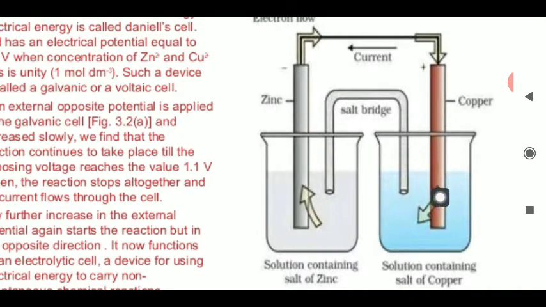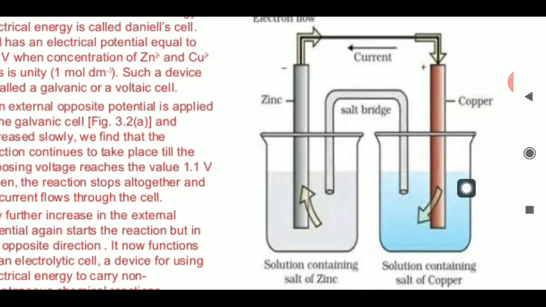And by the same property, copper also has a tendency to ionize itself. But the rate of ionization, the rate of dissociation of the zinc ion, is much faster than the copper ion. So after some time, you will notice that due to the faster rate of zinc ion dissociation, the number of electrons increases rapidly on this zinc electrode.